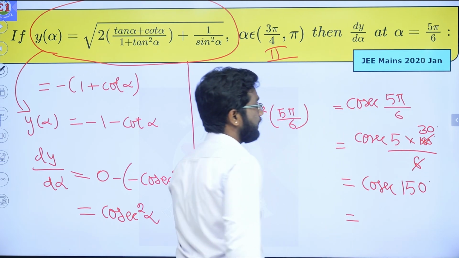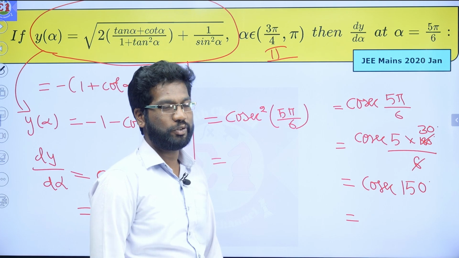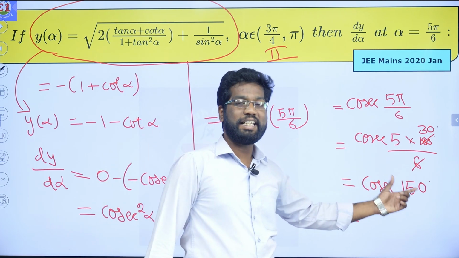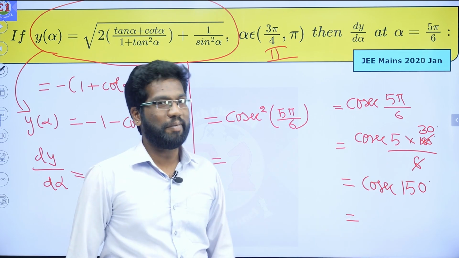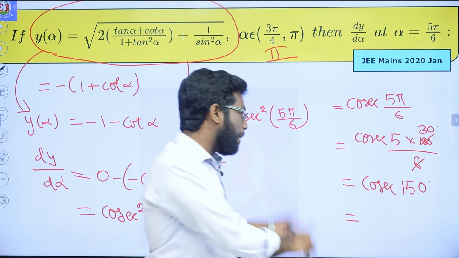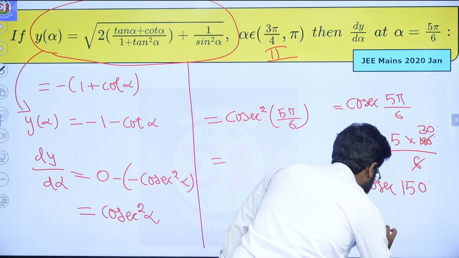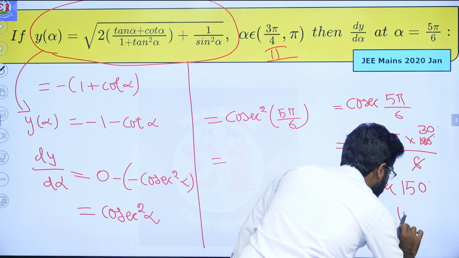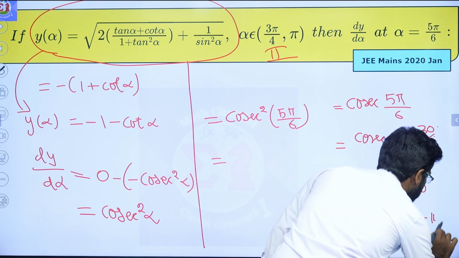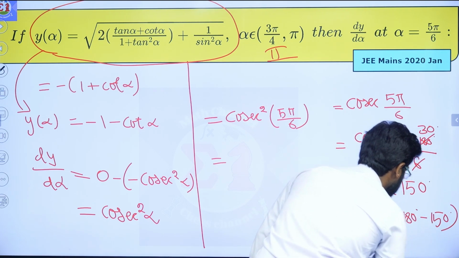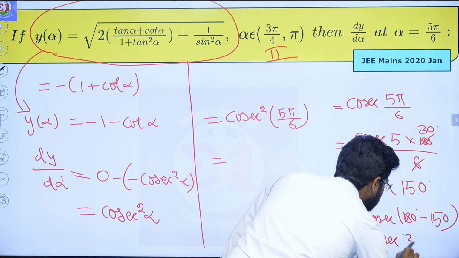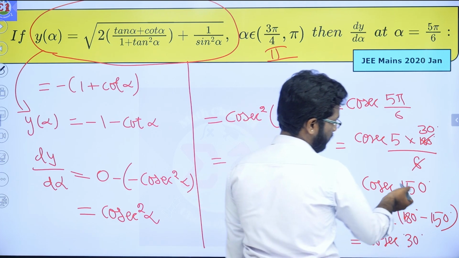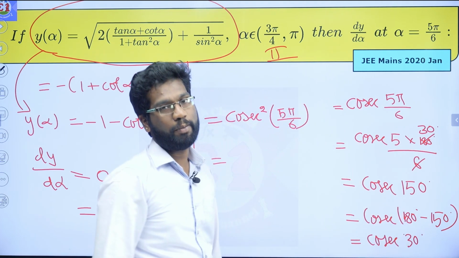After this, I have one formula, my dear students: cosecant theta equals cosecant of 180 degree minus theta. Now I am going to apply that here. So cosecant of 180 minus 150 degree gives cosecant 30 degree. So cosecant 30 and cosecant 150 are both equal.